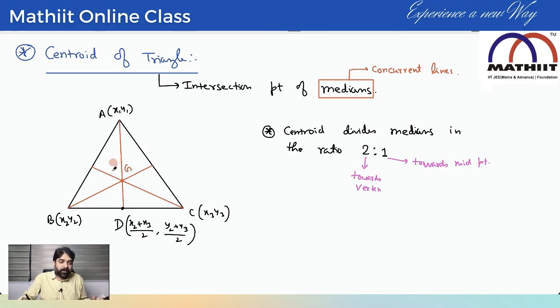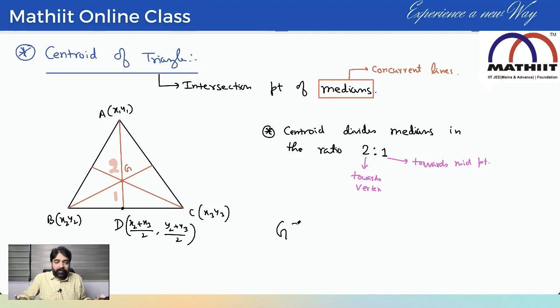Means this will be 2 and this will be 1. Have you understood the point? Is it clear? This G divides this median also, this side 2, this side 1. This G divides this median also, this side 2, this side 1. Correct?